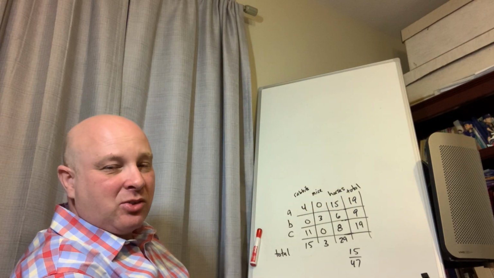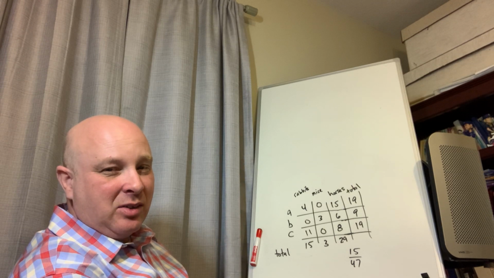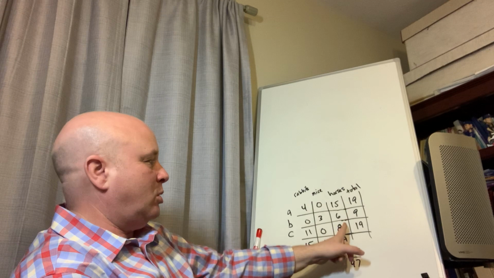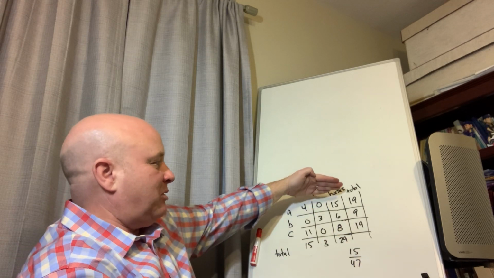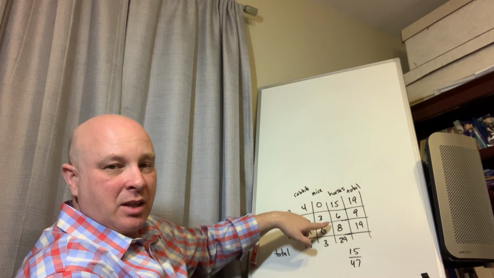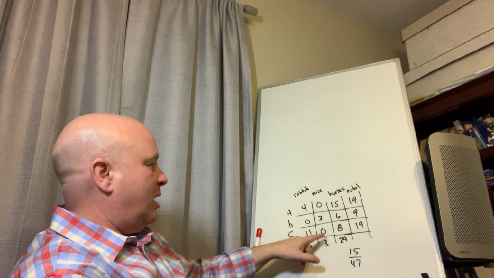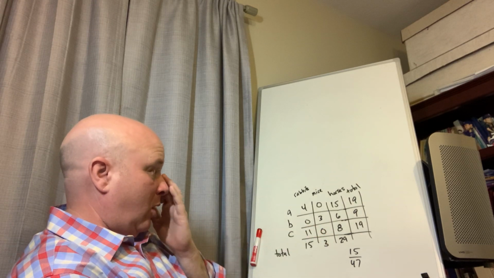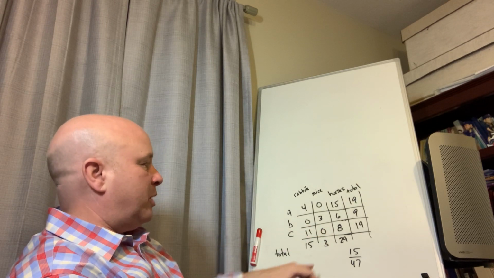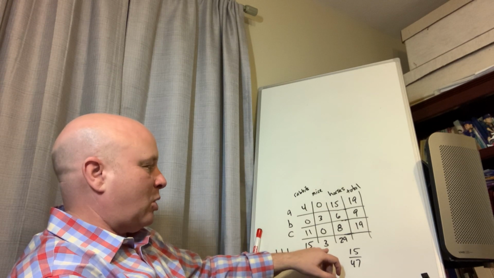And since I'm asked to calculate what fraction of the pets in countries B and C are mice and horses, I have to add the number of mice and horses that are in those two countries, okay?